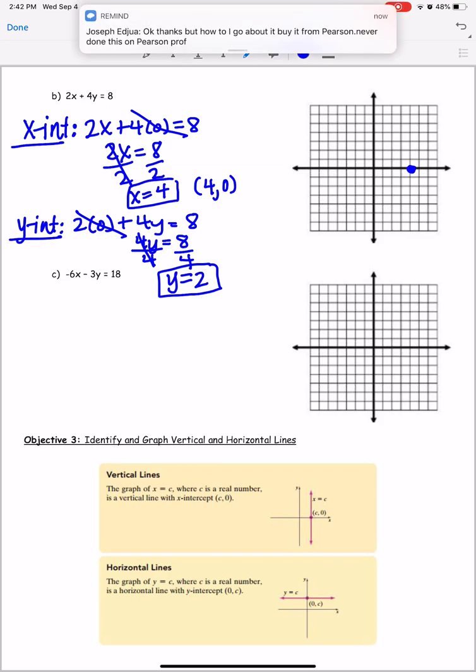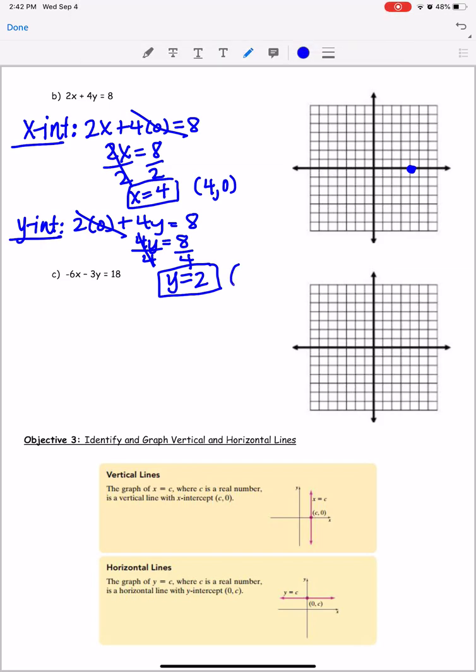And so again, as an ordered pair, we put in a 0 for x. So 0 comma, and then my y is 2. So we're going to go 1, 2 up on my y. And so here is my line.